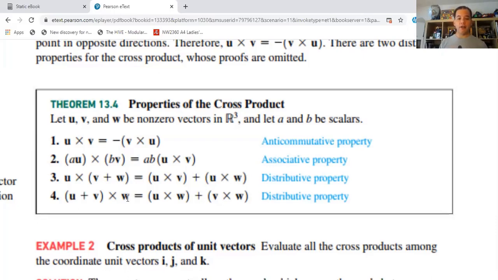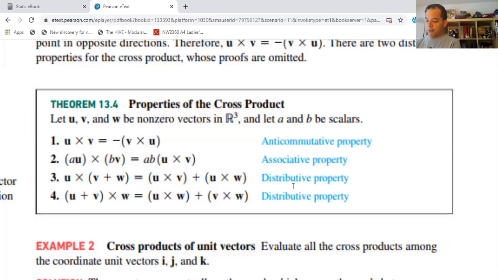And it doesn't matter which side: if you do u cross (v plus w) or (u plus v) cross w, both of the distributive properties work. All right. So that's everything we're going to need. And so let's do this example number 2, and that's going to be part of our explanation of why everything works out.